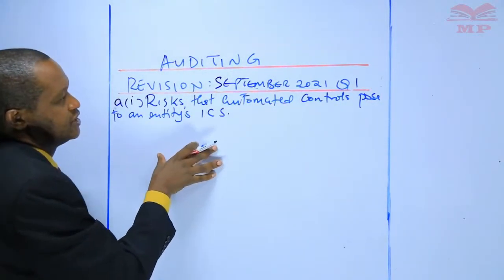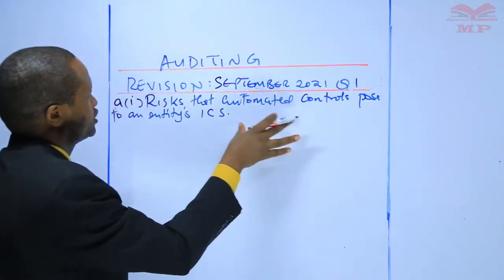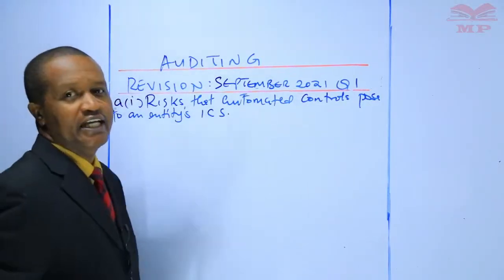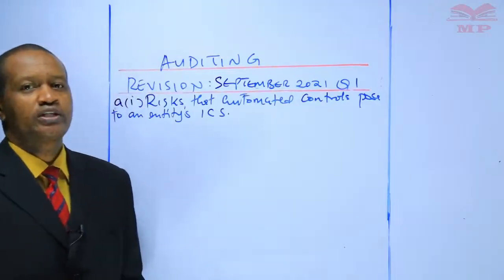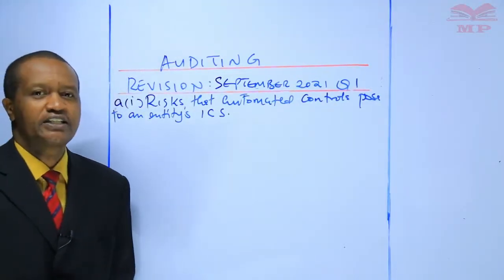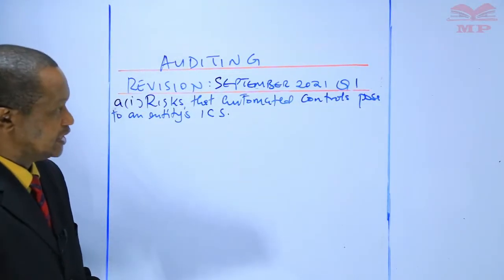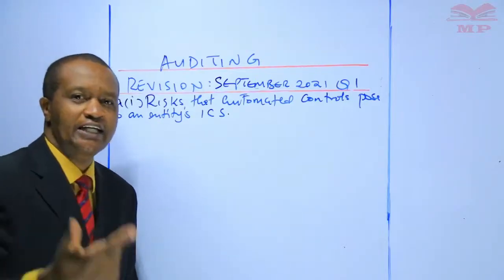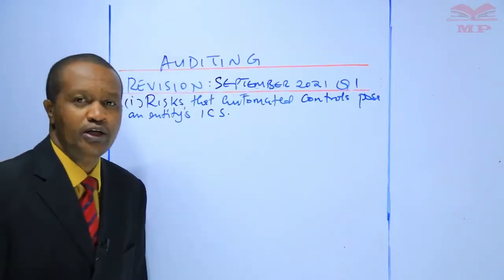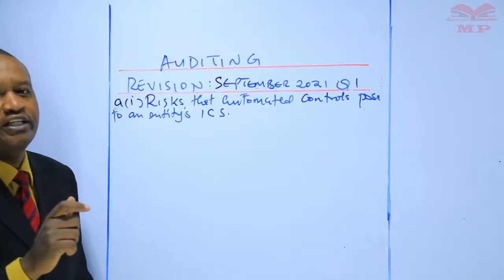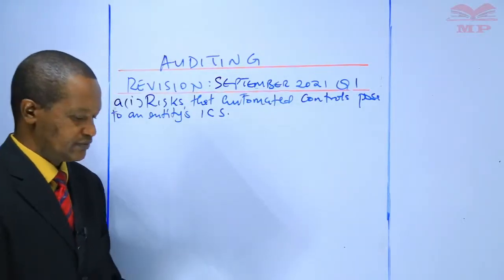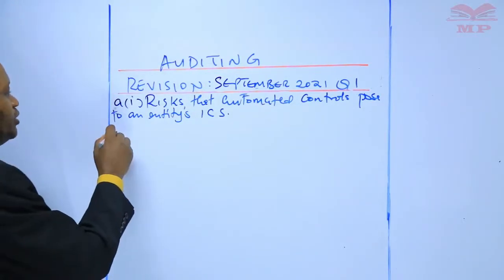Eight risks that automated controls pose to an entity's internal control system. The first risk is that one related to the reliance on systems or programs that are inaccurately processing data. Number 1.